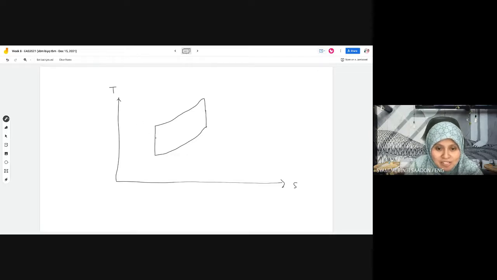Okay, so we just focus here. The compressor. This one is the evaporator, this one is the expansion, and this one below is the condensation. So we just focus on the compressor part.